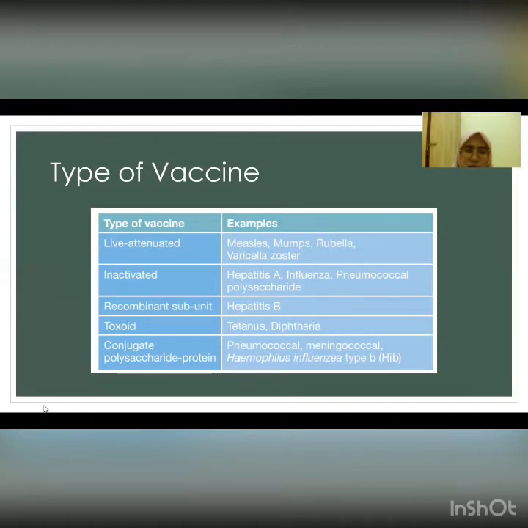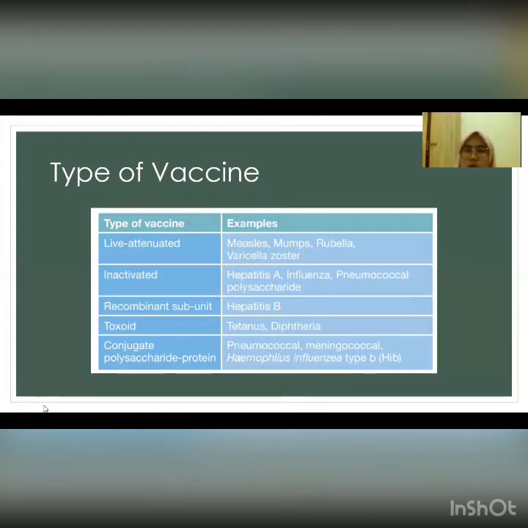Examples of this type of vaccine are measles, mumps, rubella, and varicella zoster. Number two is inactivated. This is from whole organisms that have been inactivated by chemical, thermal, or other means. Examples are hepatitis A, influenza, and pneumococcal polysaccharide.